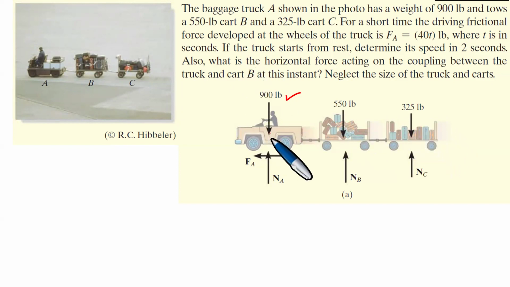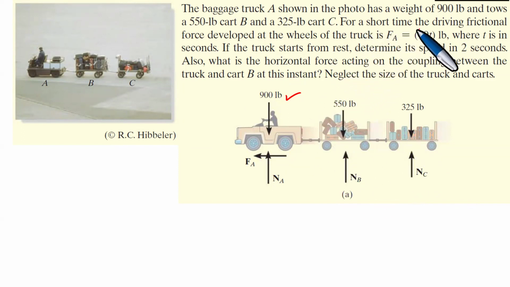So this baggage truck is dragging two carts. It's dragging two trailers. In the South African language, you could call this a trailer, and obviously it can be called a cart. Or a caravan, some people would call it, so it's like dragging a caravan.